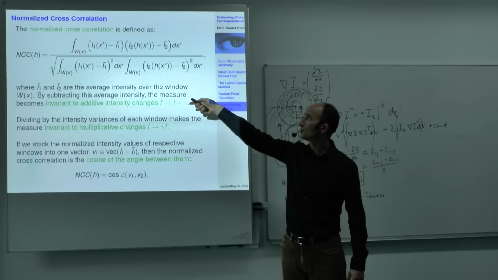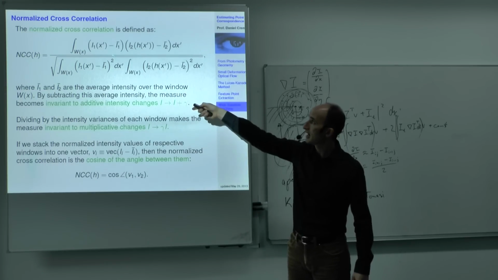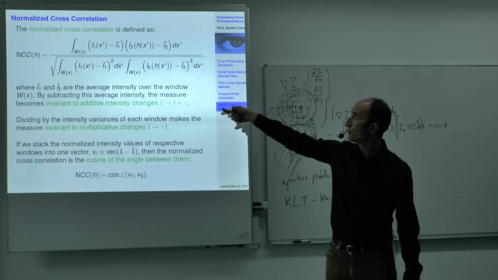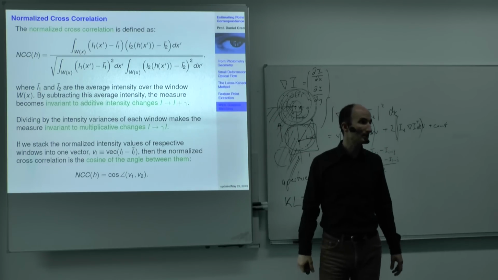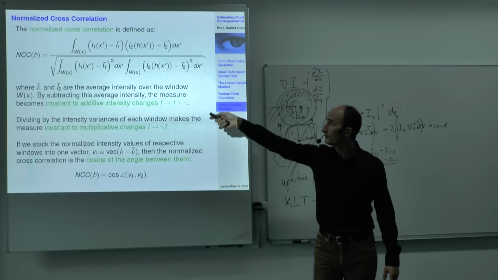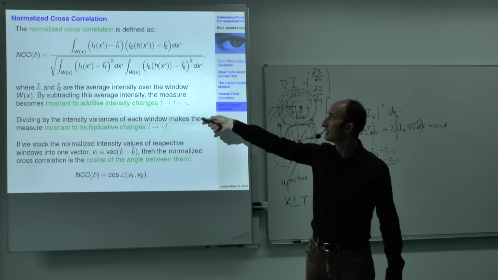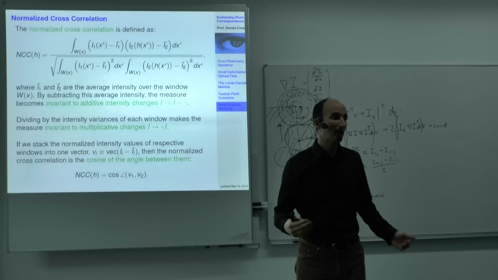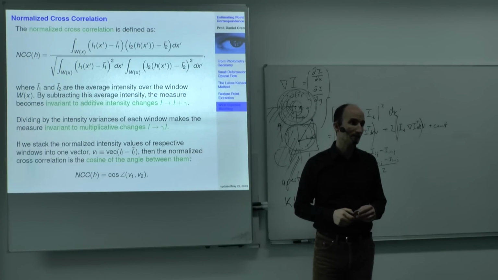Then the average will be increased by gamma as well, and if I subtract the average, that gamma disappears. So I1 minus I1 bar doesn't depend on that parameter gamma. Whenever I look at I1 and subtract I1 bar, it means I'm invariant to additive brightness changes.